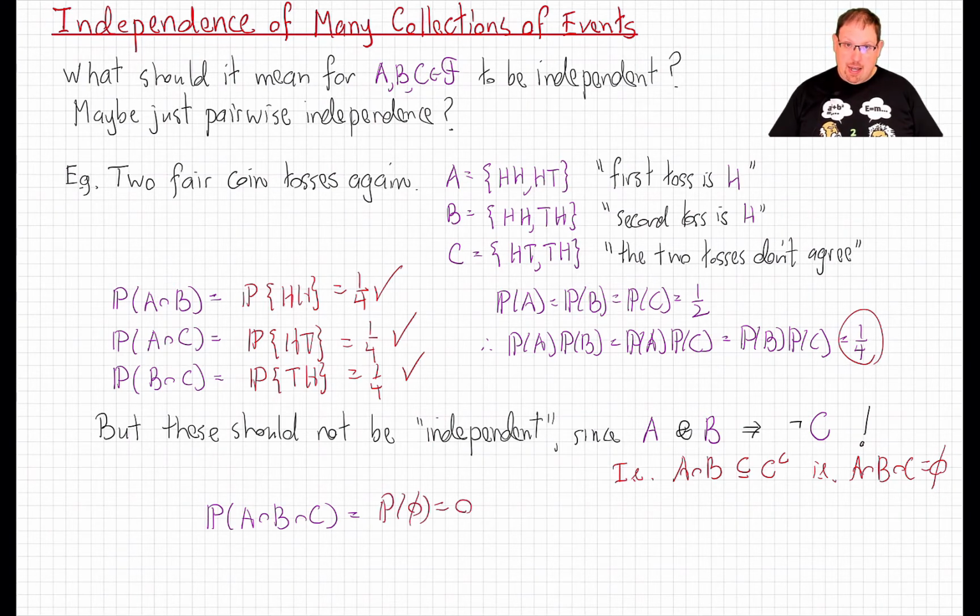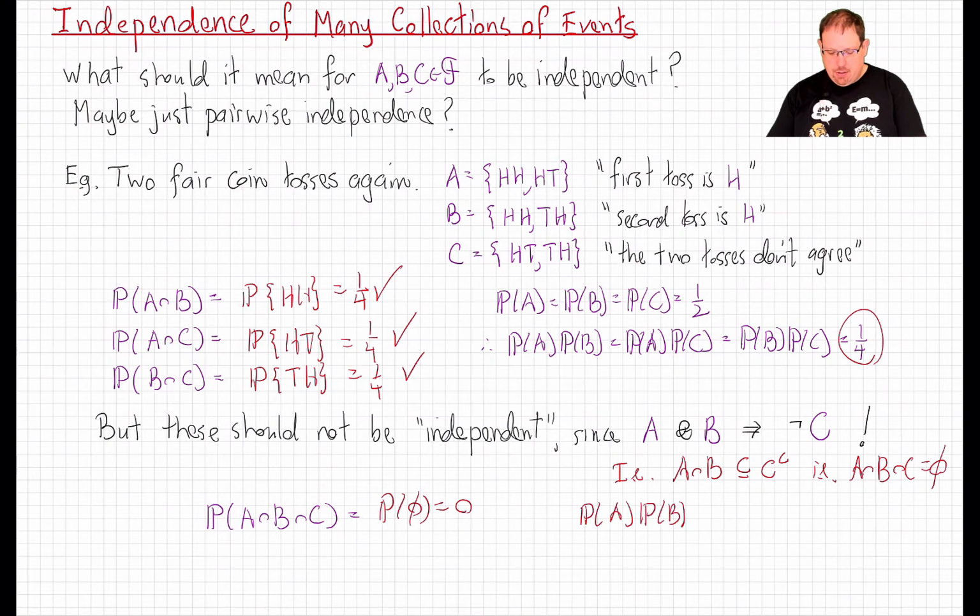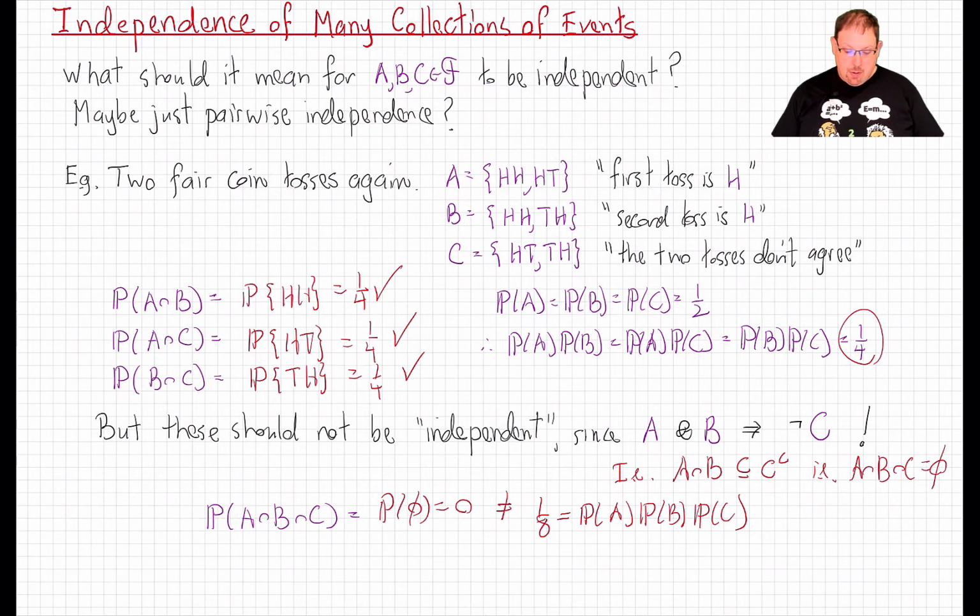Now, on the other hand, furthering the pattern of what we saw statistical independence means, if we take the product of the probabilities of all three of those events, that's 1/8, which is not 0. And so that's one numerical way that we could define independence that would show us why this set of three events is pairwise independent, but not independent.